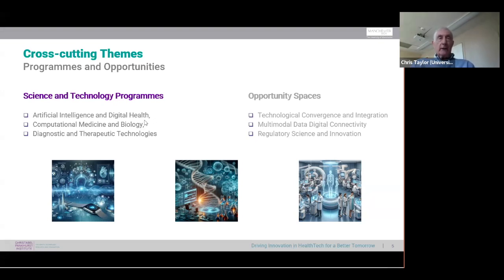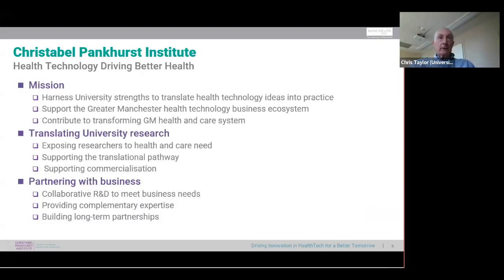So that's the Pankhurst in a nutshell. It's about using health technology to drive better health. So the mission there is summarized: it's about using the strength of the university to make a difference in the health system.